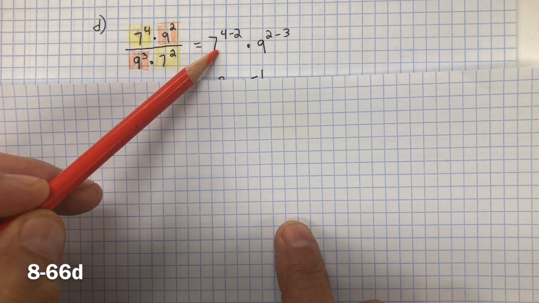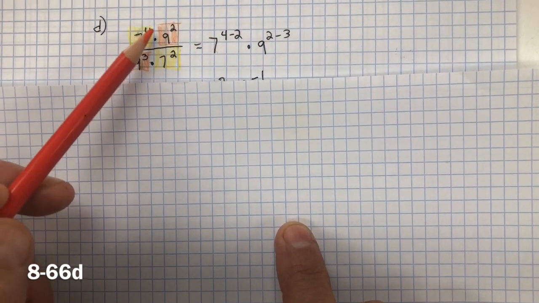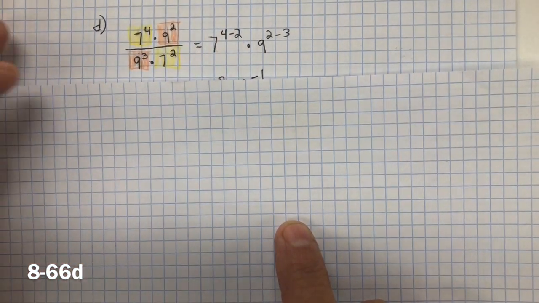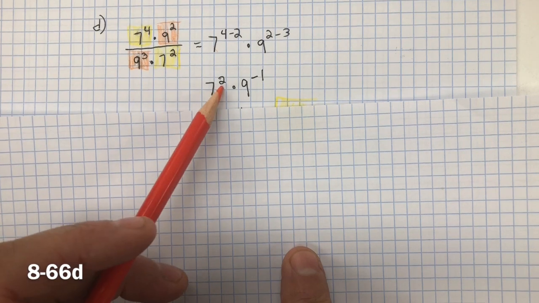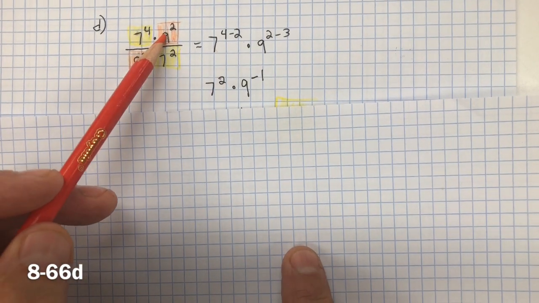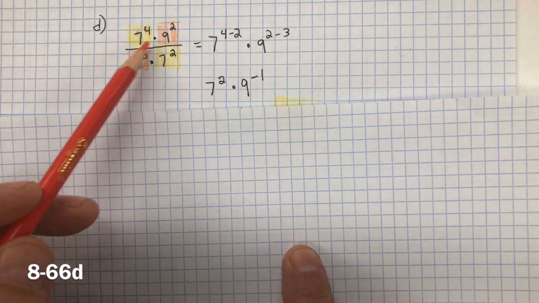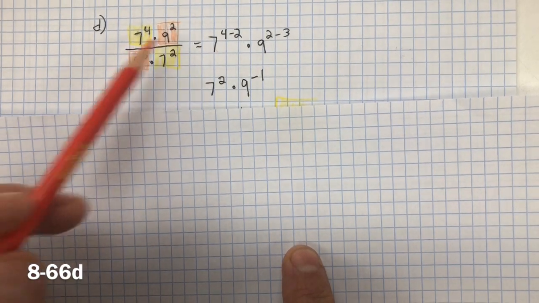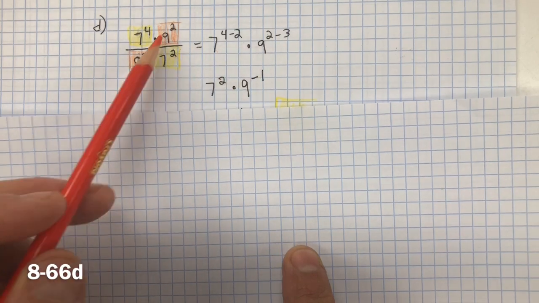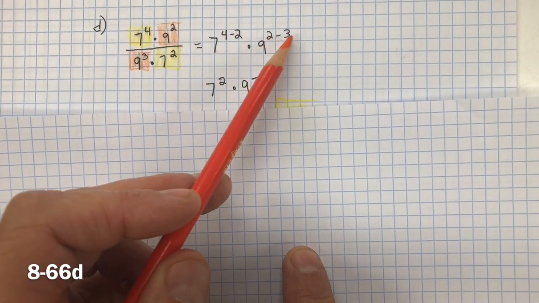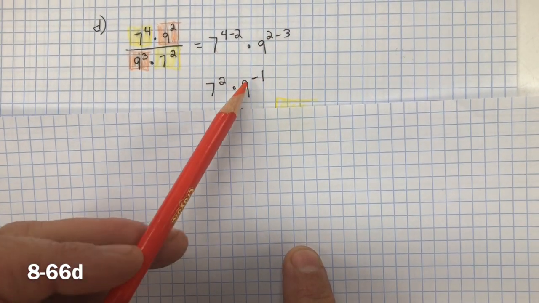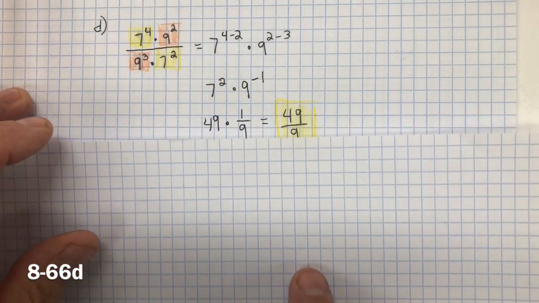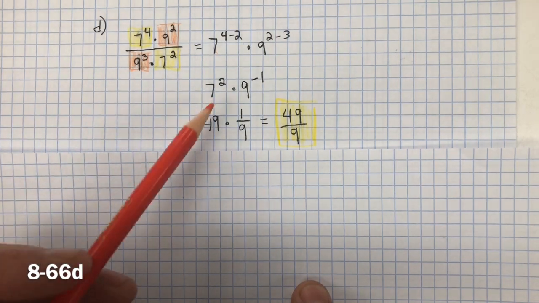So keep the base, which is 7, and then 4 minus 2, which will give me 2. And then 9 squared over 9 to the 3rd, so we keep the base, 9, and then 2 minus 3. Well, 2 minus 3 is negative 1. And so you can't have a negative exponent.